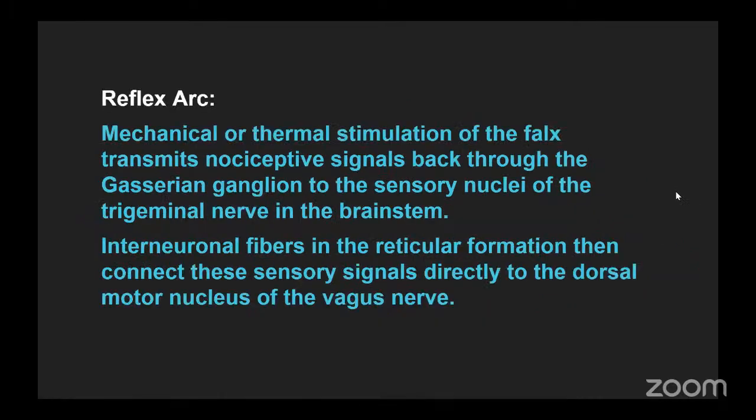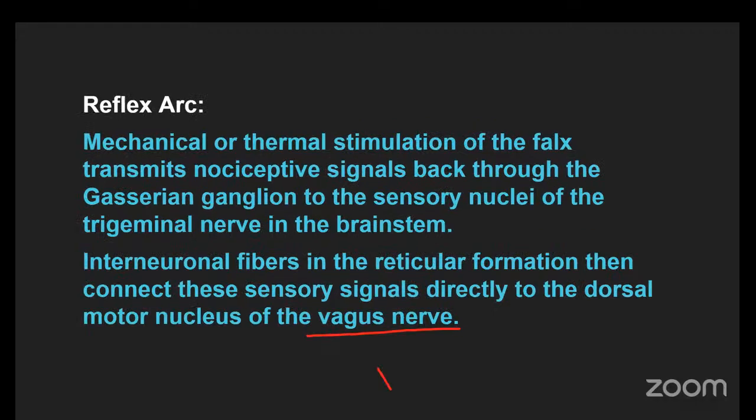How it works: the trigeminal branches carry it back to the Gasserian ganglion. From that, it goes to the brainstem, and from the brainstem, it goes to the dorsal motor nucleus of the vagus nerve, which is our parasympathetic nucleus.